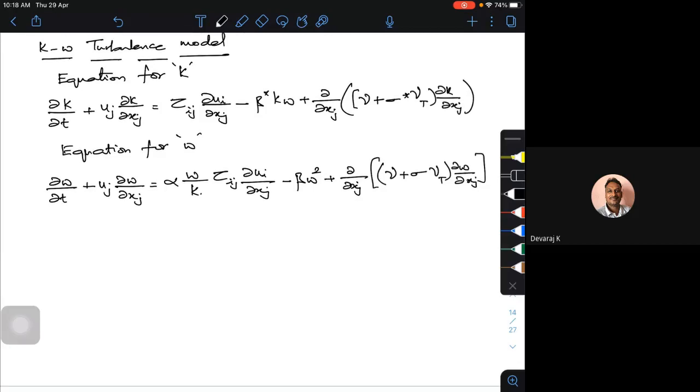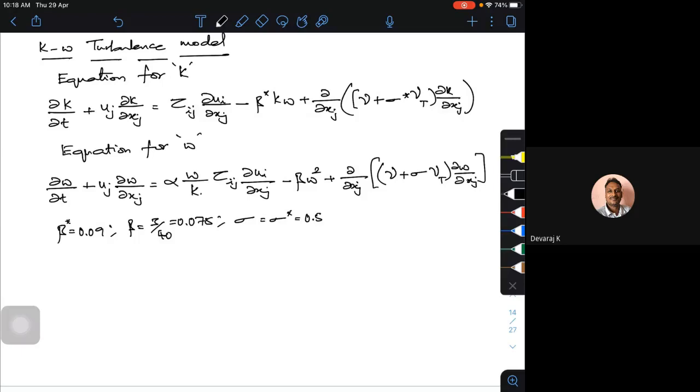The constant beta star is given by 0.09. This value should not be modified when you are using the CFD model. If you tweak this value, your results are also going to change. Then beta is 0.075 or 3 by 40. Then sigma as well as sigma star have a value of half, or 0.5.